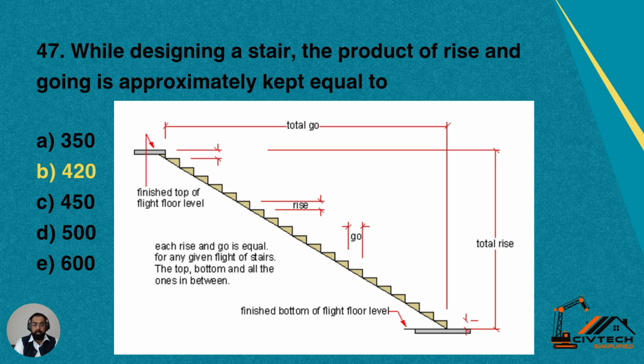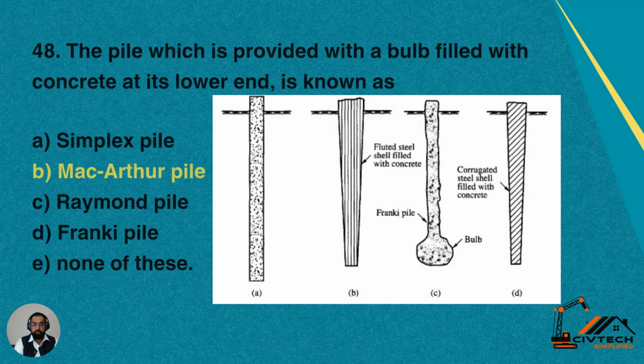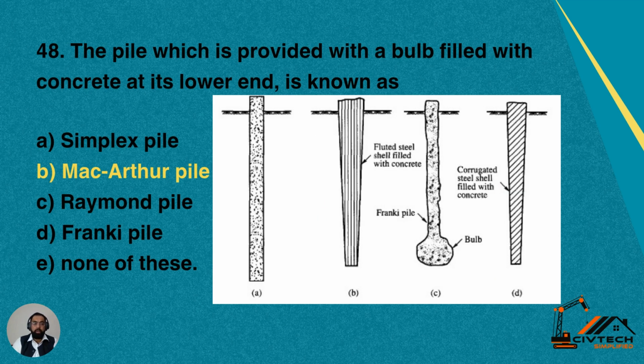This distance is called rise, and the horizontal distance to cover this is called going or go. So the product of both of these should be 420.